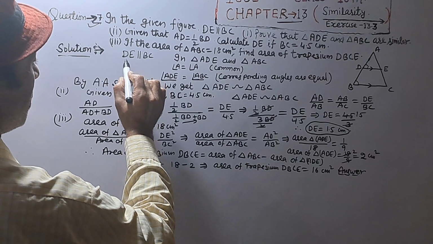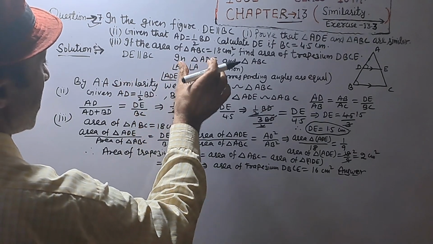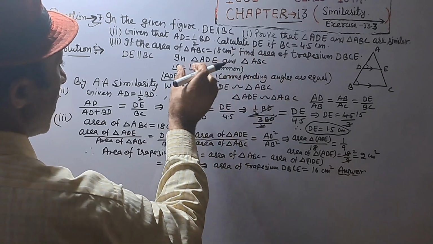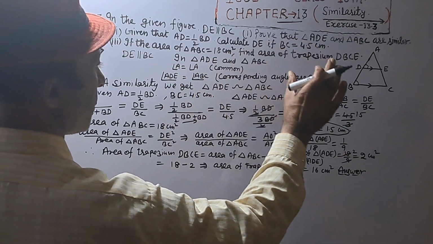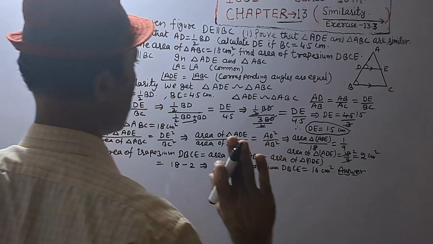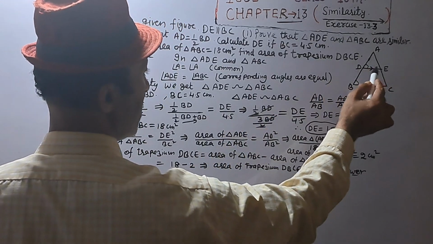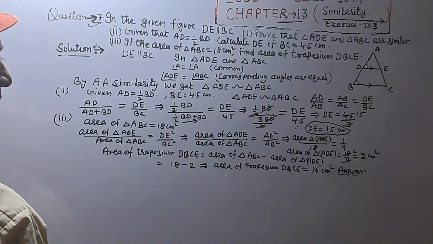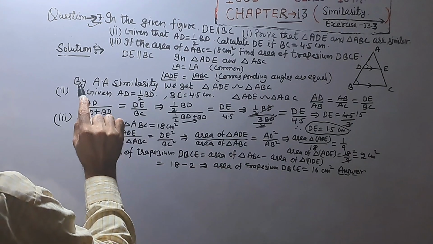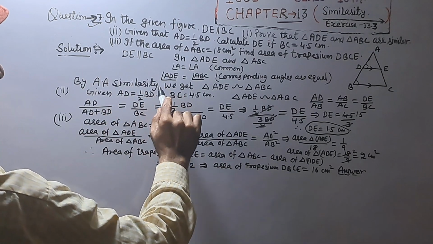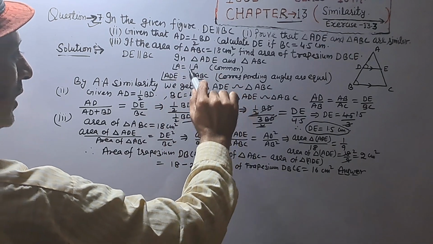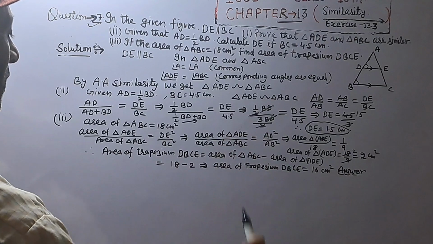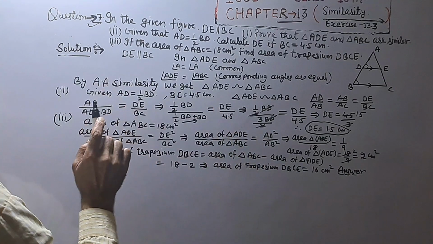Answer: given DE is parallel to BC and in triangle ADE and triangle ABC, angle A is common to both, and angle ADE is equal to angle ABC, corresponding angles, both are equal. By angle similarity, triangle ADE is similar to triangle ABC, first part proved.